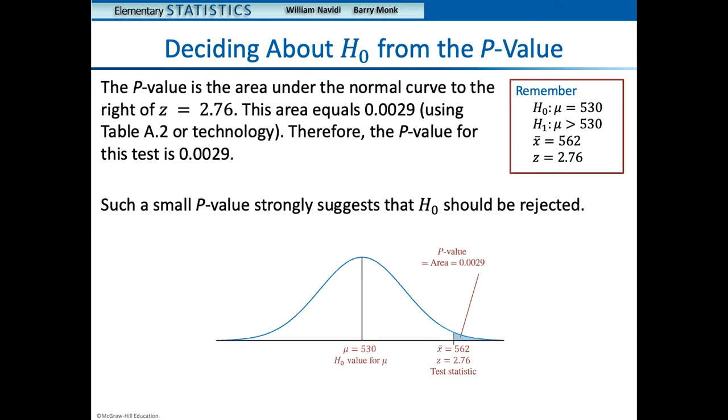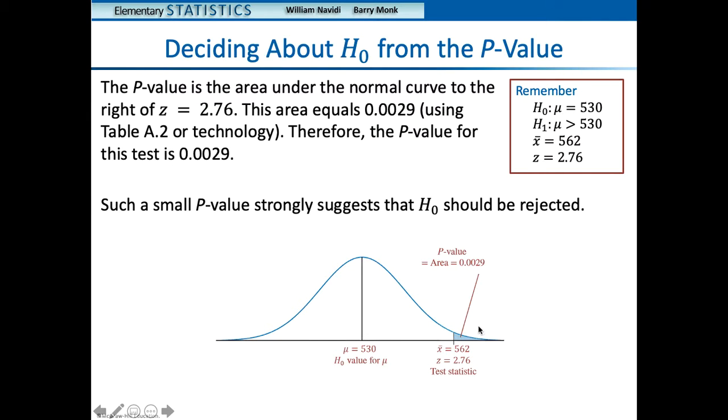If I wanted to figure out exactly what the probability is of getting a sample mean of 562, assuming the population mean is 530, then I will just find the area under the normal curve to the right of z equals 2.76. I can find that using the chart, or I can find that using my TI-84 calculator, using one of the methods we've already covered. Either way, if you look up that area, it's going to be 0.0029. Again, that's a very small area, right?